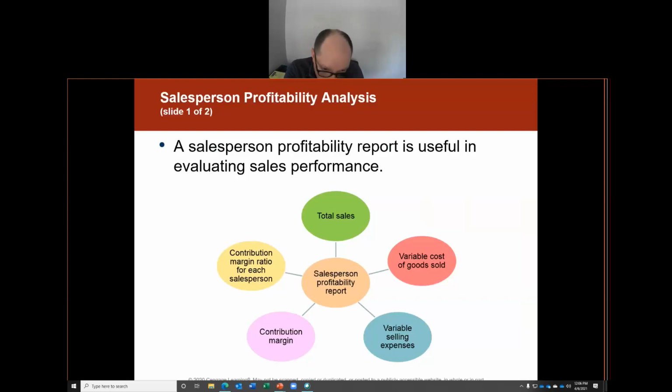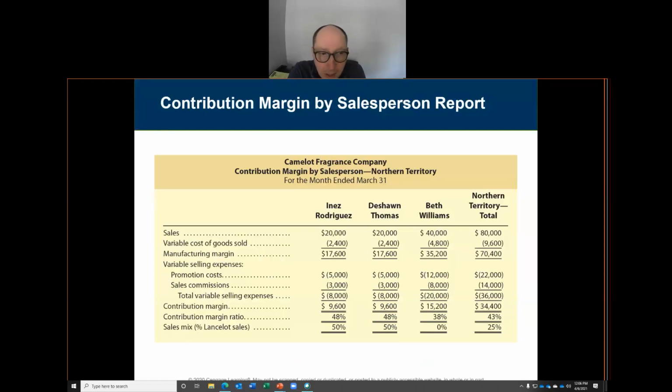We can look at profitability down to the detail level of each salesperson even. We do this through something called a salesperson profitability report. It shows us each individual salesperson's sales and their contribution margins.